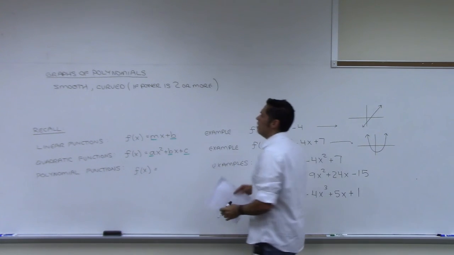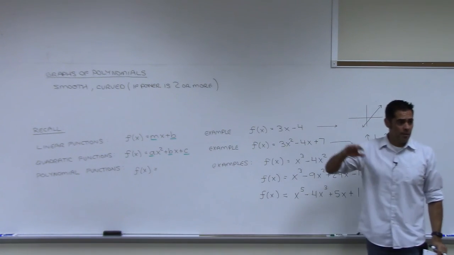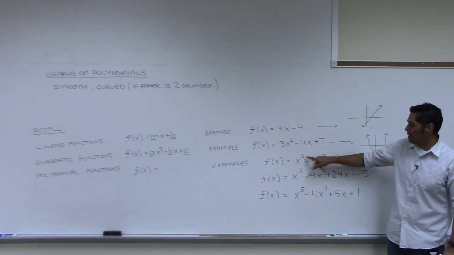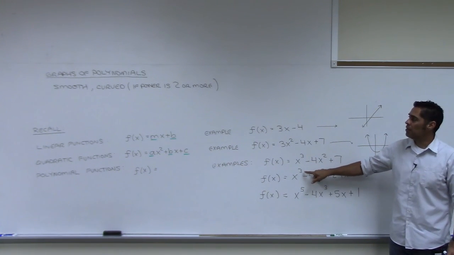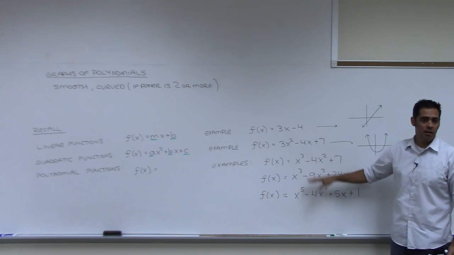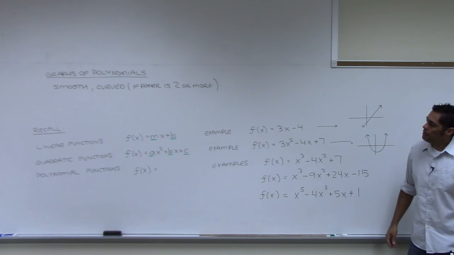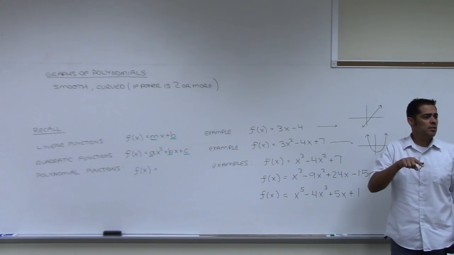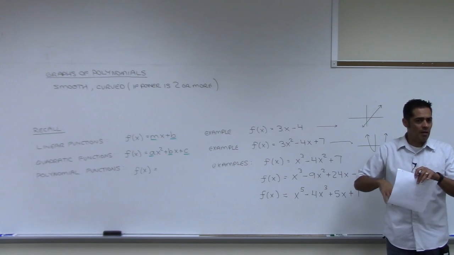Meaning we're going to have a curved graph. It'll be smooth, it'll be curved as long as the highest power we have here is 2 or higher, all right? And that's pretty much it. Smooth means there's no sharp corners or jagged edges or breaks in the graph.